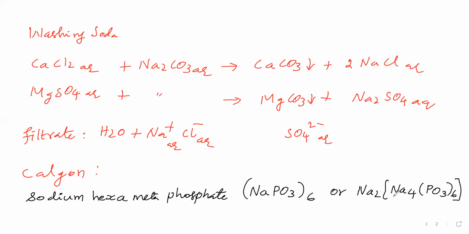Let us see. Between the sodium and the metaphosphate, a coordinate bond will be there. Between this sodium and this complex, an ionic bond will be there.